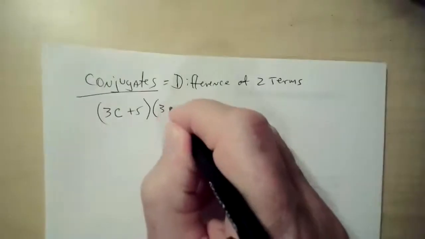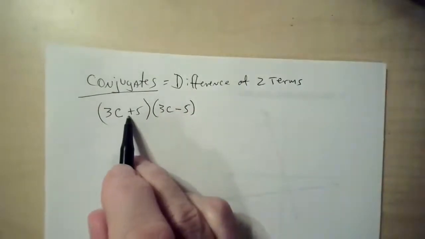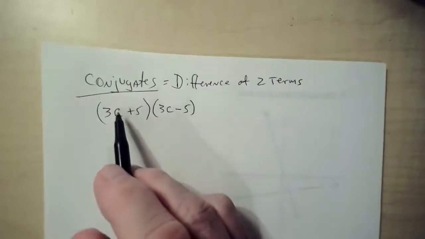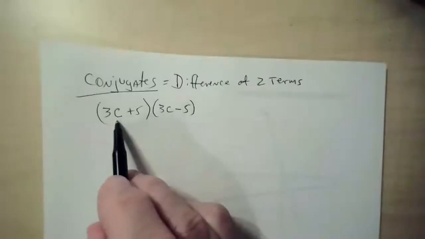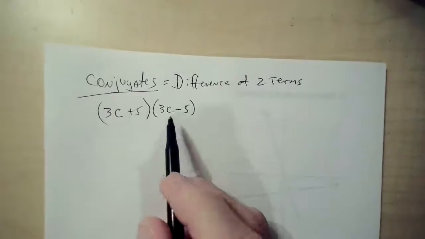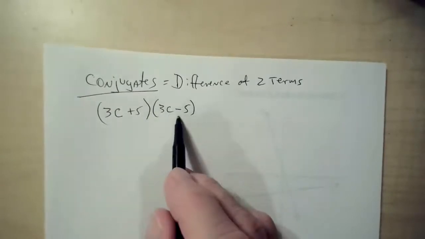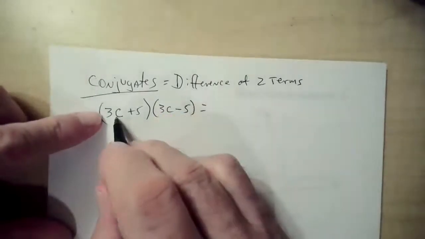3c plus 5 times 3c minus 5. Now, if you look, these two terms are exactly alike. The only difference is one's plus and one's minus. Ms. Shababo, what do we get here when we multiply these?